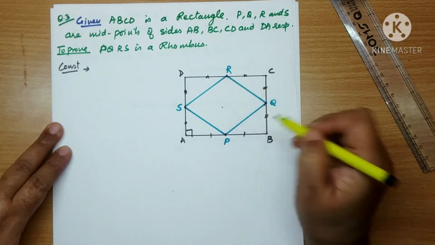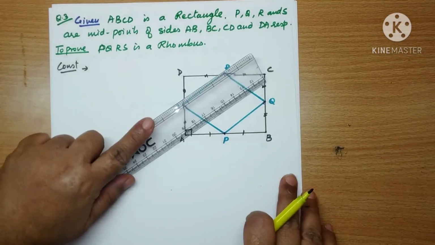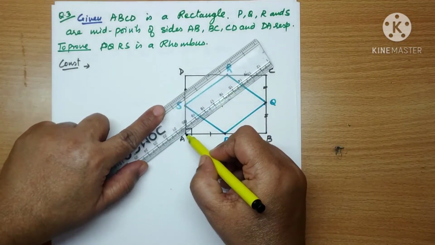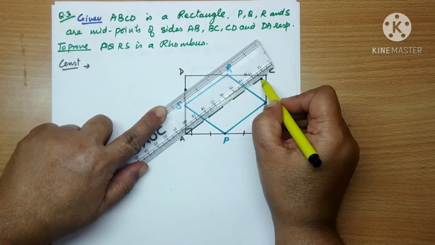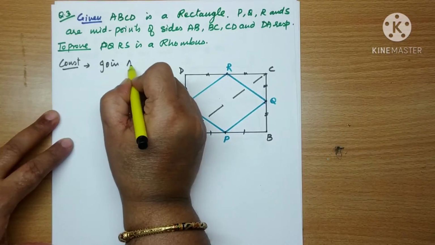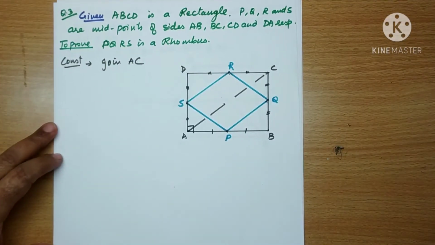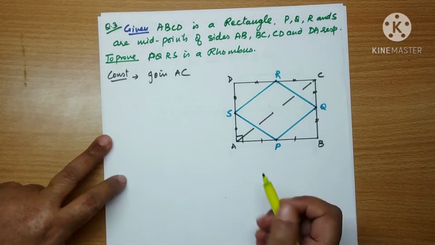So adjoining sides equal. First I need to prove PQRS is a parallelogram, and I think now you all are familiar with how to prove it. Construction: join AC. We have done it in the first question as well as the second question, so let us repeat those steps.